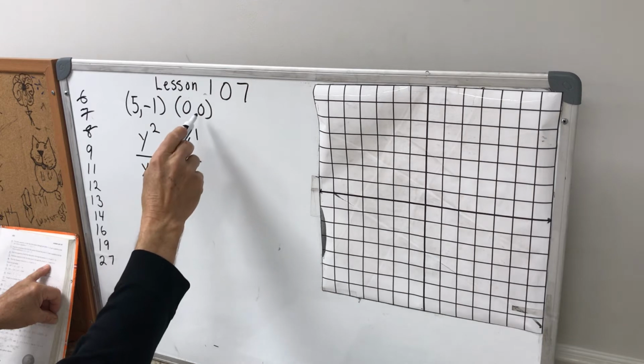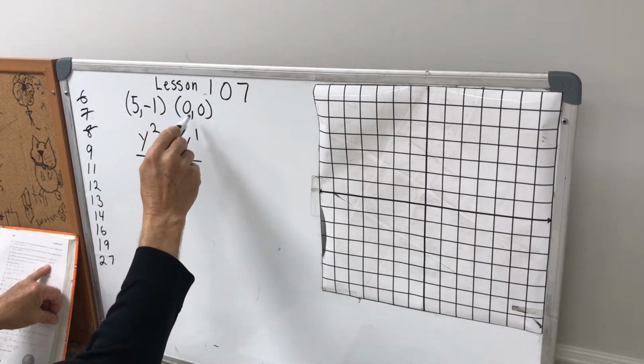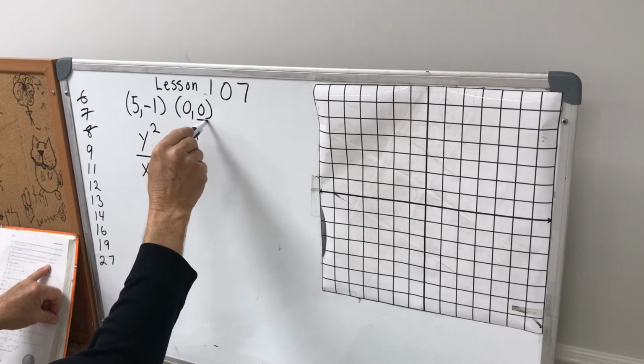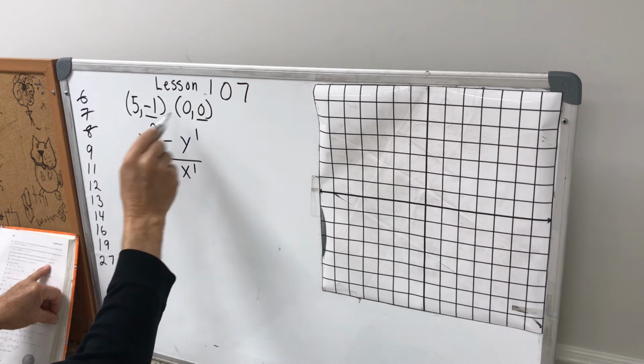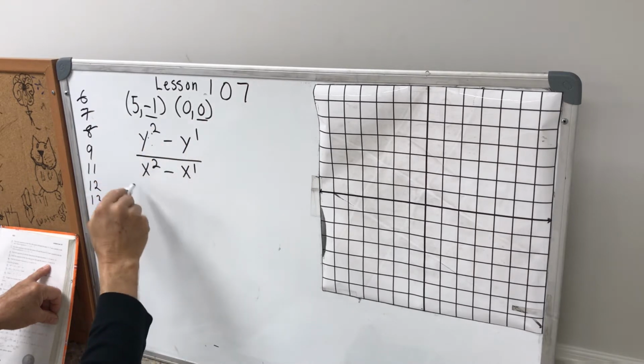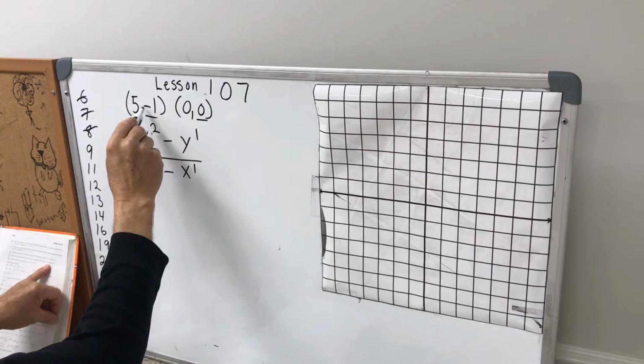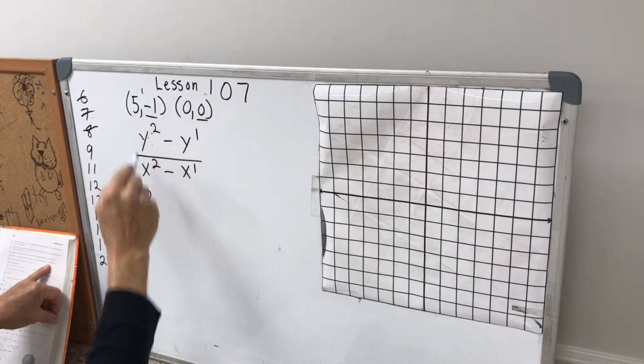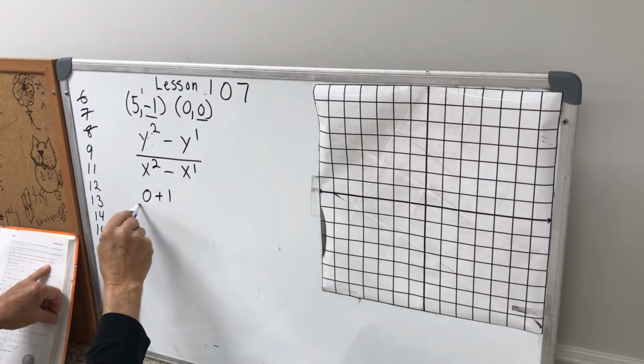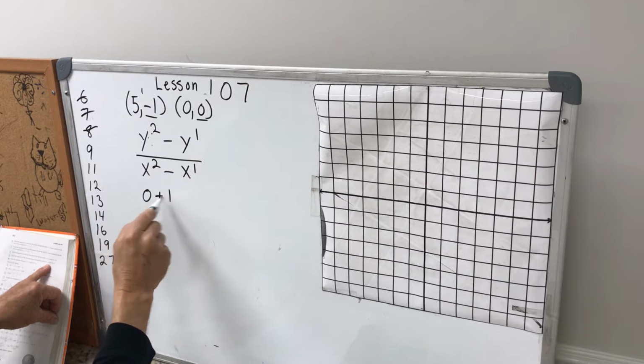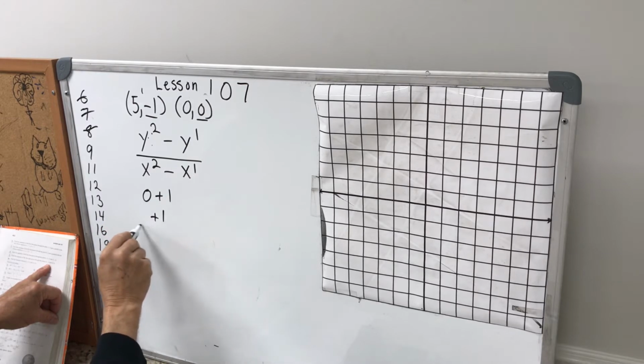Okay, up here the y's, these are your y positions, right? So I take a 0 where y2 is at, that's a 0. And this is the opposite of negative 1, which is a positive 1. 0 plus 1 is a positive 1.